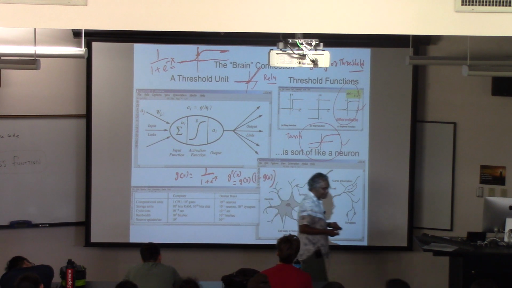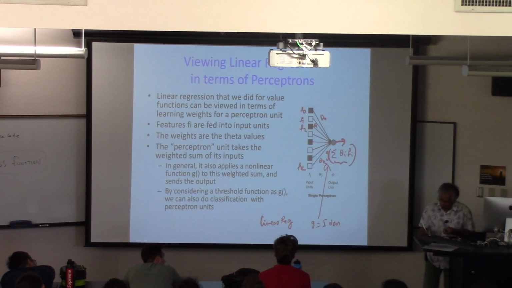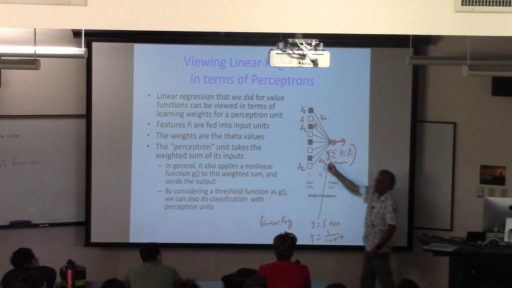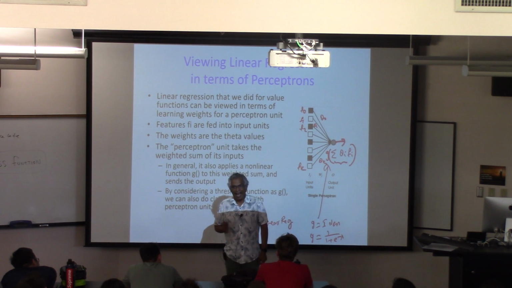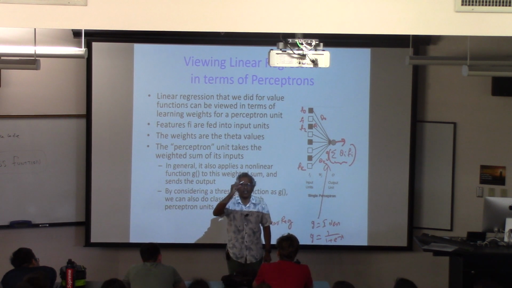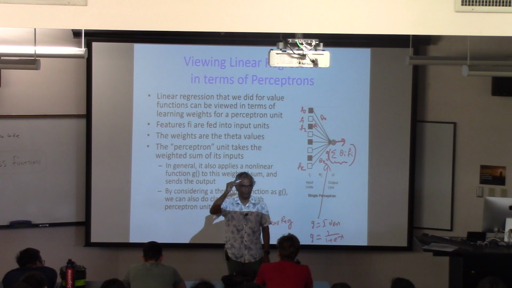Now interestingly, if I put g equal to sigmoid, that is 1 by 1 plus e power minus x, and do the same perceptron, I come this close to one of the greatest ideas in machine learning. It's called logistic regression.